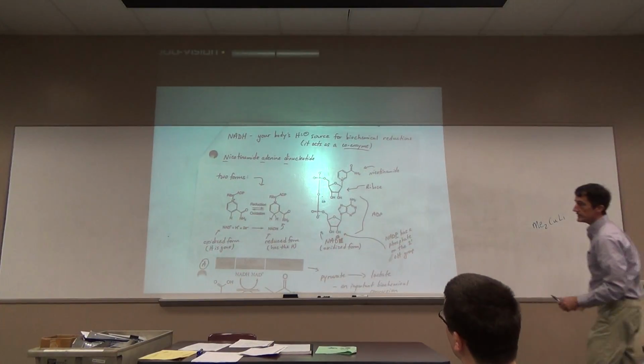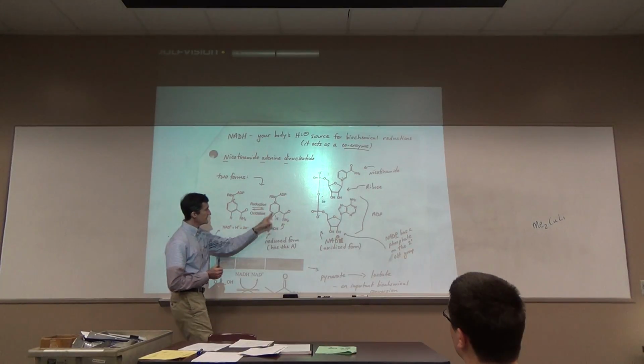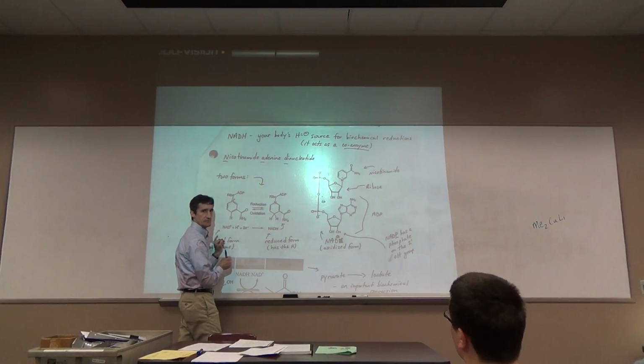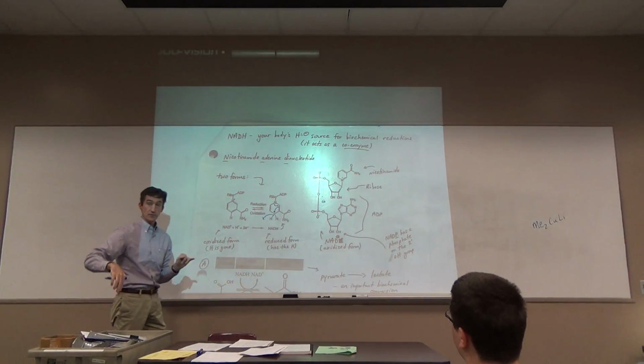The name, etc. But right here is NADH. How does it supply hydride? What happens is, this ring here, these electrons move here, these move here, and then it shoots off the H and the two electrons, almost like a leaving group.